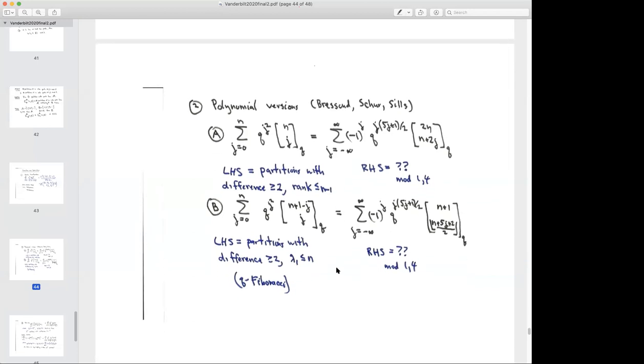To make this even worse, these left-hand polynomials are q-Fibonacci numbers, which have a very, very simple recurrence. All you need to do is figure out what the 1 or 4 mod 5 partitions are that have this q-Fibonacci recurrence, and you'll be done. I couldn't do this. I'm admitting I'm not very good, but I tried. These look doable to me.